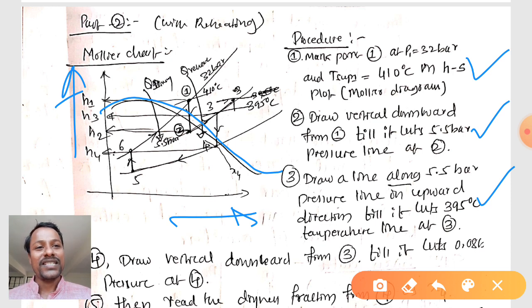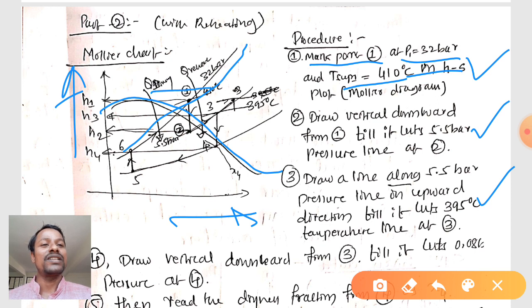For marking point 1 at pressure 32 bar and temperature 410 degrees Celsius on the HS diagram, I need to identify the 32 bar pressure line on the Mollier chart, and again the 410 degree Celsius temperature line.